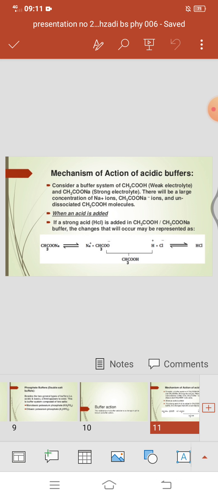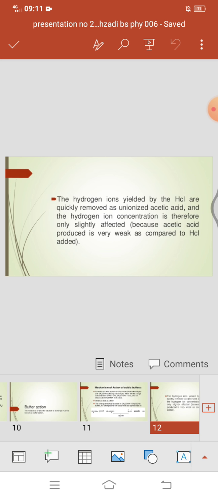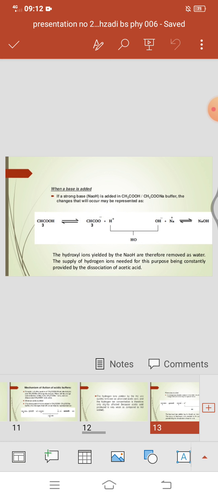If we add HCl, then H positive plus Cl negative. The hydrogen ions yielded by the HCl are quickly removed as unionized acetic acid, and the hydrogen ion concentration is therefore only slightly affected because the acetic acid produced is very weak as compared to the HCl added.